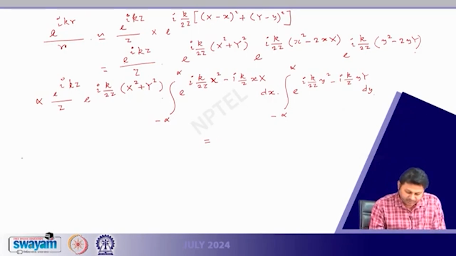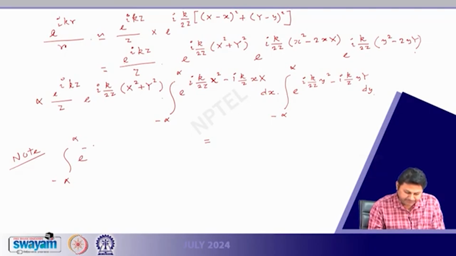I would like to note here one very standard integral, that is a very useful integral, and that is the integral from minus infinity to infinity of e to the power of minus alpha t square plus beta t dt.